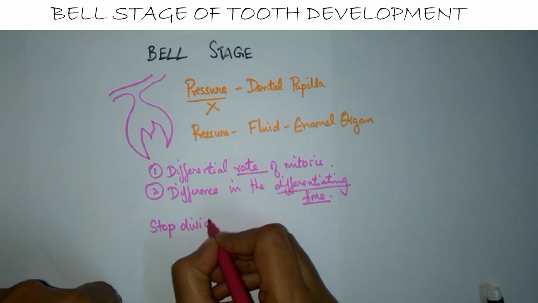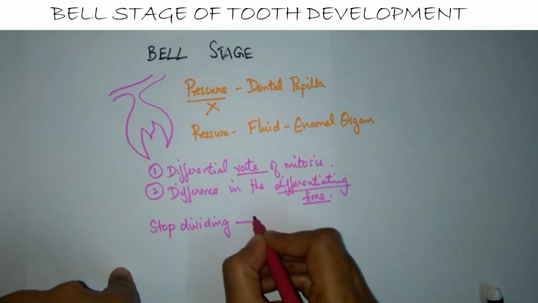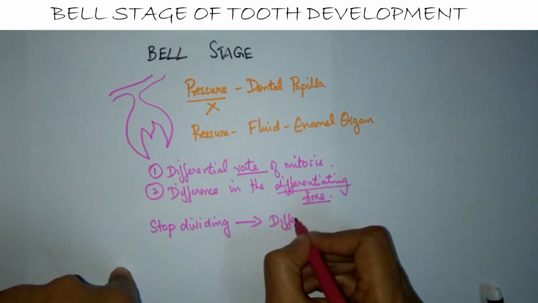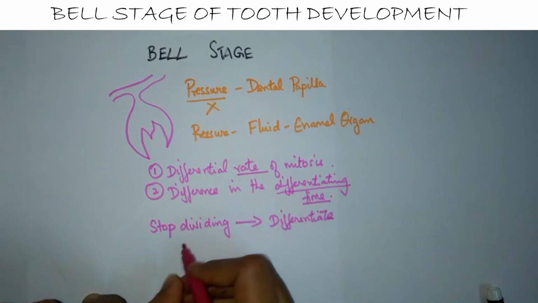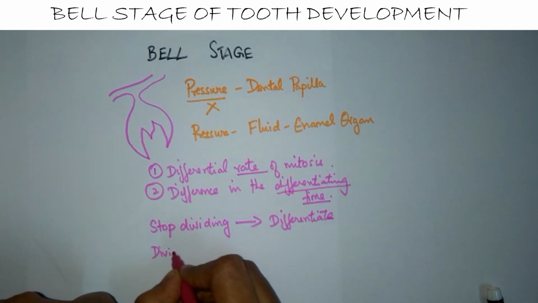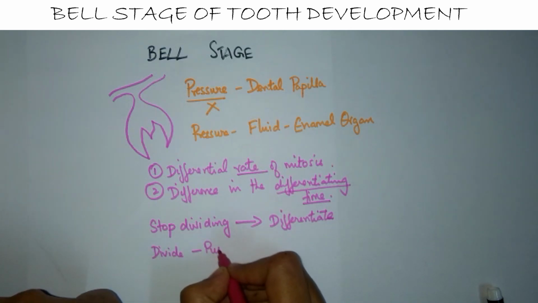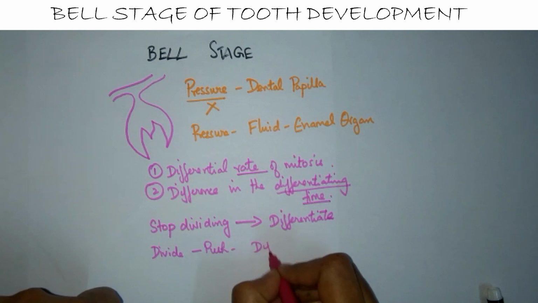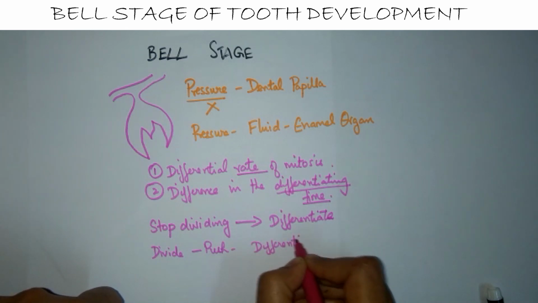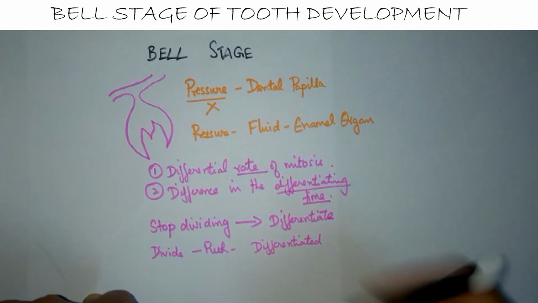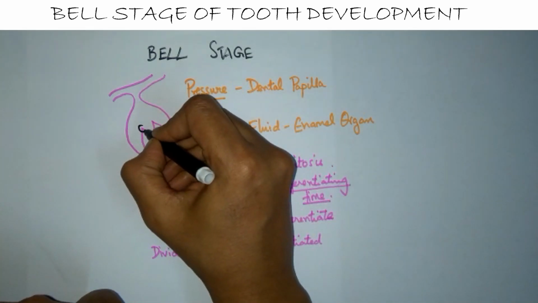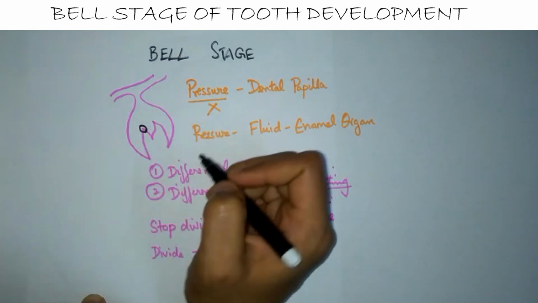First the cell will stop dividing, then only it will differentiate. So they say that the dividing cells will push the cells that have differentiated. That's how these differentiated cells are initially pushed and the future cuspal tips are formed.